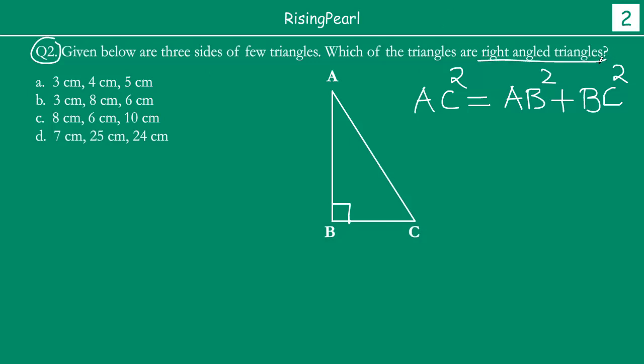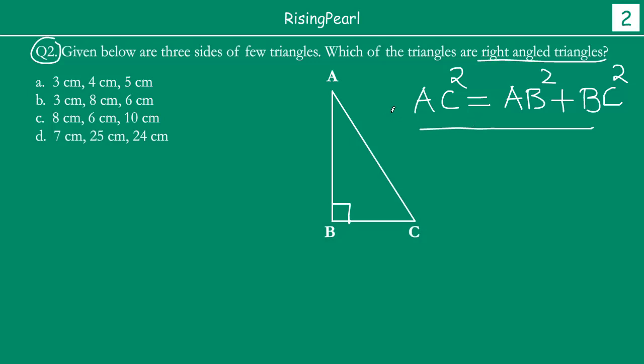So in each of these questions, I am going to find out if this relationship is true. If this relationship is true for the triangle, then we can say yes, that triangle is a right angle triangle.